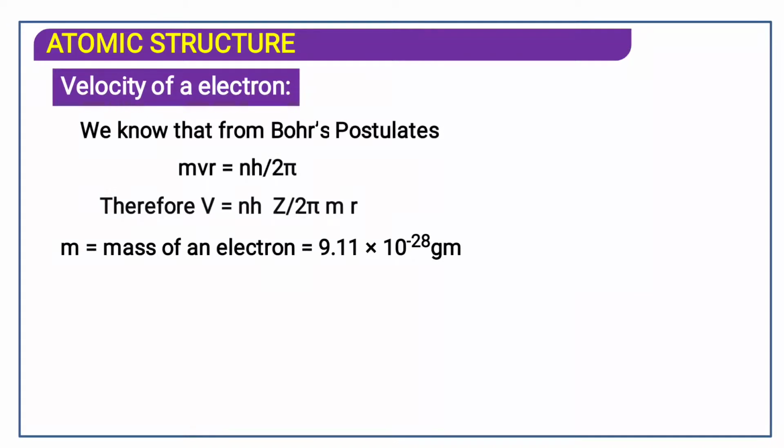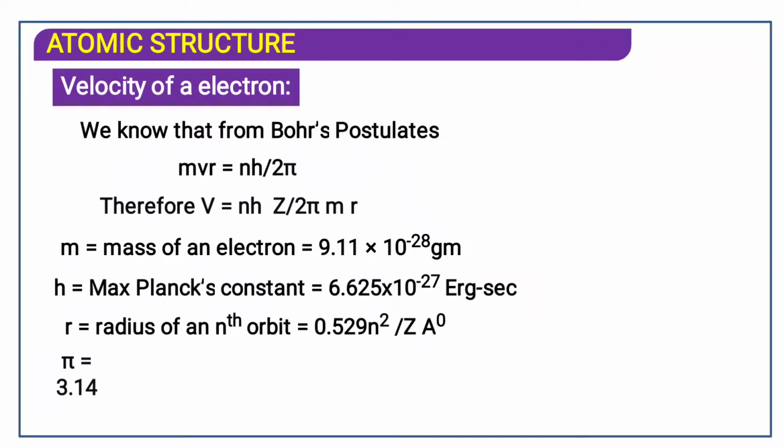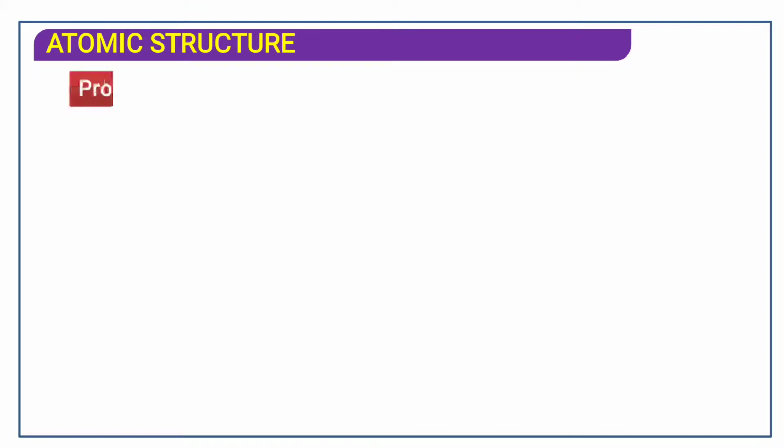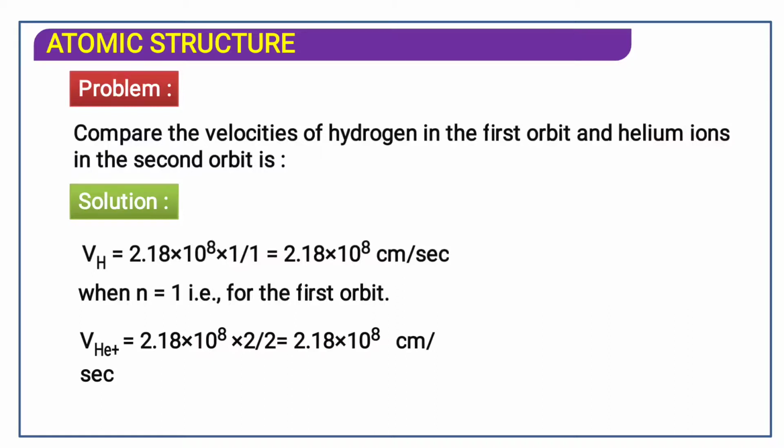Therefore, for the substitution for v, and when we substitute the value of the constant, we will be getting the value of r, that is 0.529 n square upon Z. The velocity of hydrogen in the first orbit and in the helium ion in the second orbit is, as the formula has been given, so we have substituted the value.